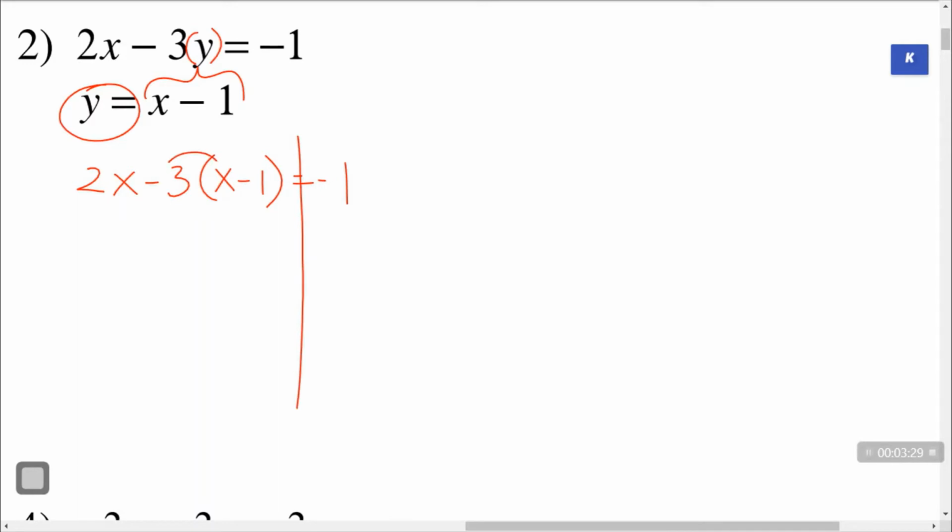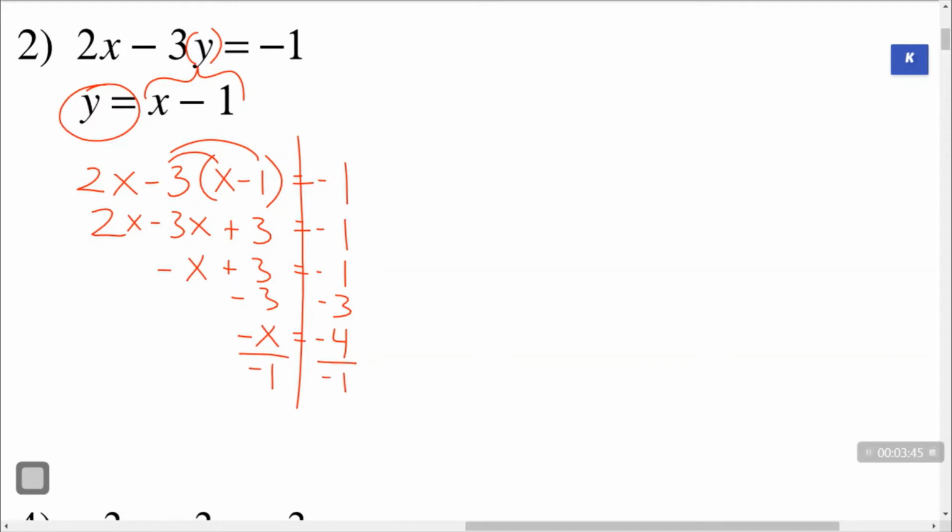I'm going to solve that for x, which means I distribute. Combine my like terms. Get x alone. And I'm going to make it positive, so I'm going to divide by a negative 1. Those will cancel. So that gives me my x value.